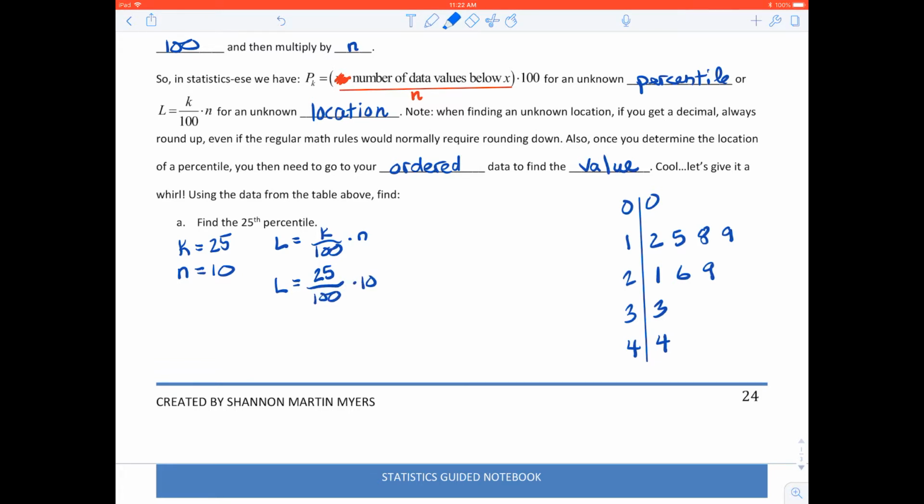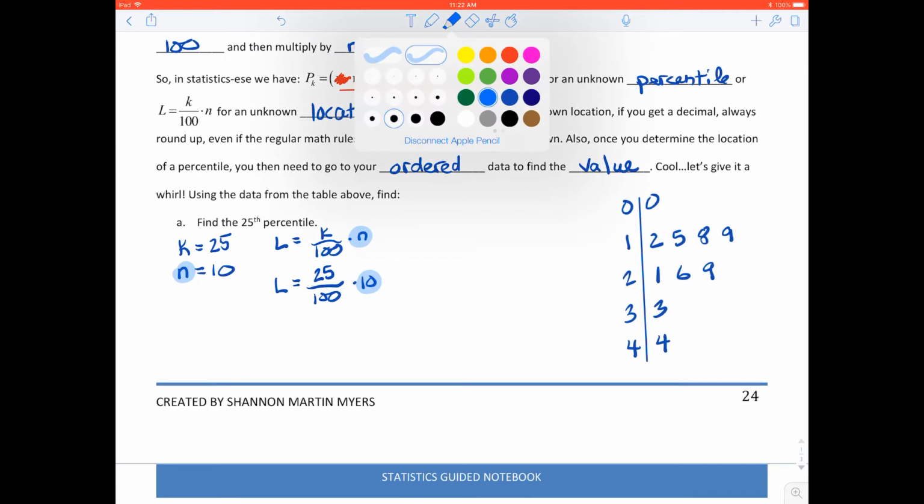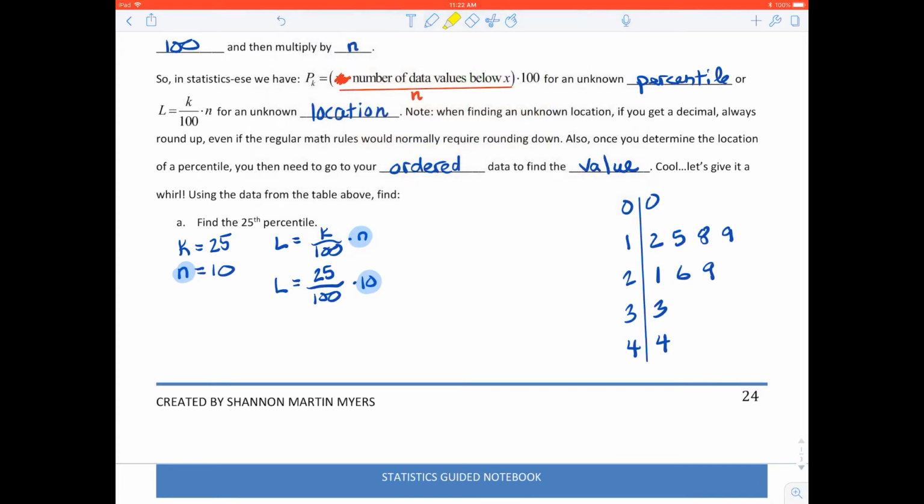And that came from these values here. Cool, cool. All right, and then we just crunch it out here. Do you see we would end up getting what? Good, 2.5.